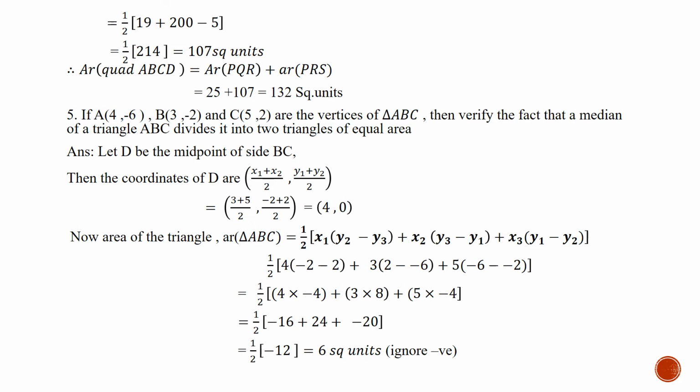Now we are going to find area of the triangle ABC, which is half into 4 into negative 2 minus 2 plus 3 into 2 minus negative 6 plus 5 into negative 6 minus negative 2, which is equal to half into 4 into negative 4 plus 3 into 8 plus 5 into negative 4, which is half into negative 16 plus 24 plus negative 20 equal to 1 by 2 into negative 12 equal to 6 square units.